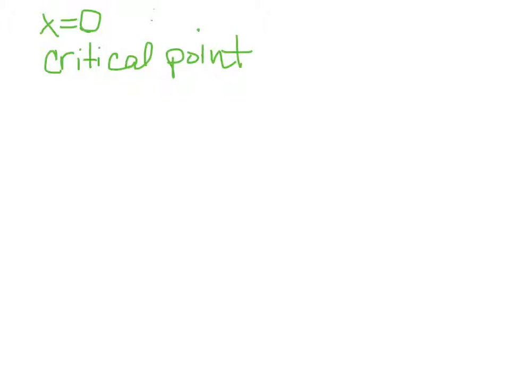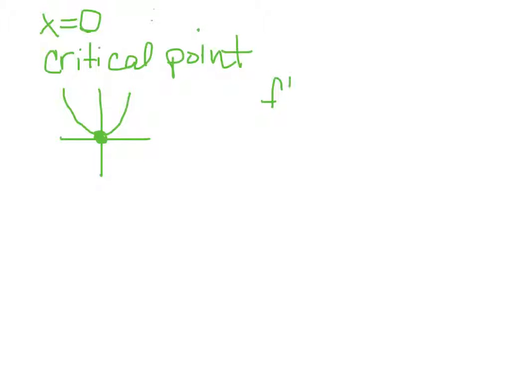Now, there's going to be 3 ways to determine critical points. Right now, we're just going to be looking at where that derivative is equal to 0. So, again, let's go back and look at the original function. It was x squared, and it hits at 0, 0. There's our critical point. Now, like I said, we will not always have a graph of the function. So if we don't have a graph of the function, we have to go to the derivative.